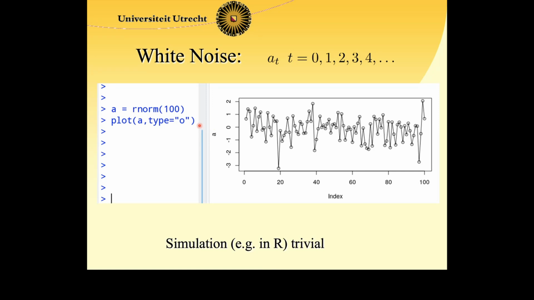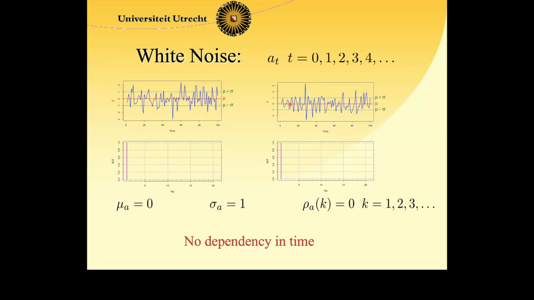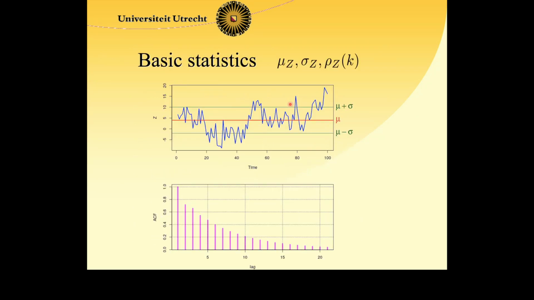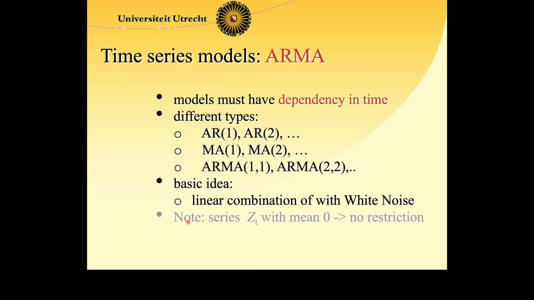Now, what's the basic idea about time series modeling? The models have some dependency in time, because we already saw in our time series that there is dependency in time. So that has to be somehow generated by our models. There are different types: so-called autoregressive models of different order, so-called moving average models, and a combination of both, so-called autoregressive moving average models of different order.